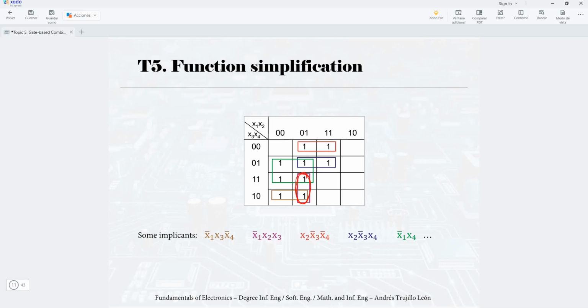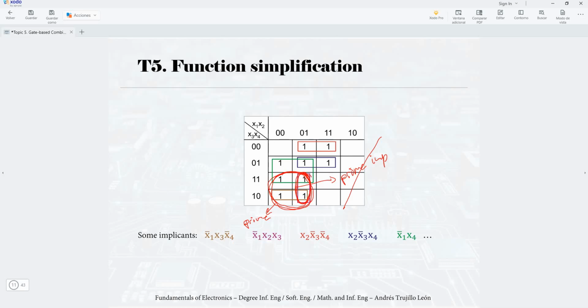Yes, these two ones can be covered, for example, by this other allowed group of ones. So this is not a prime implicant. But the bigger, yes, is a prime implicant because it's the largest possible allowed group of ones covering those ones in the Karnaugh map.